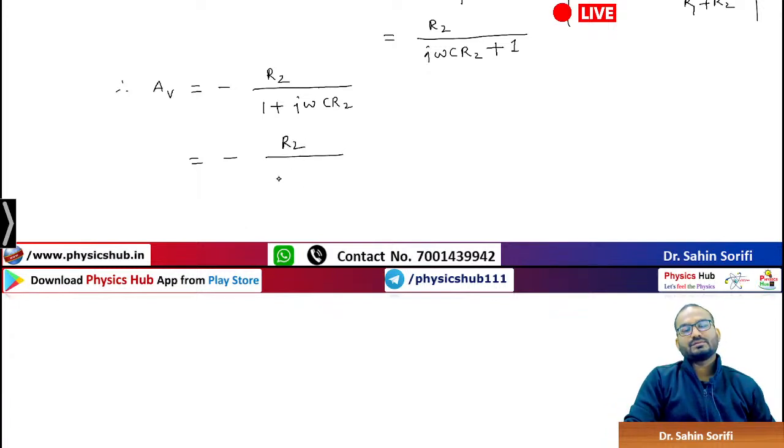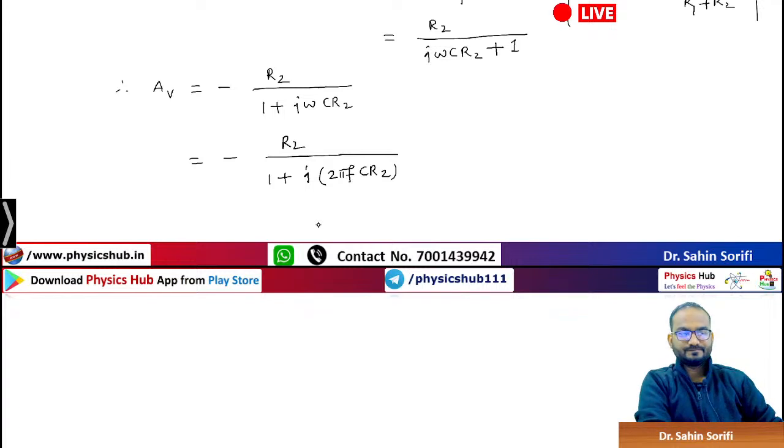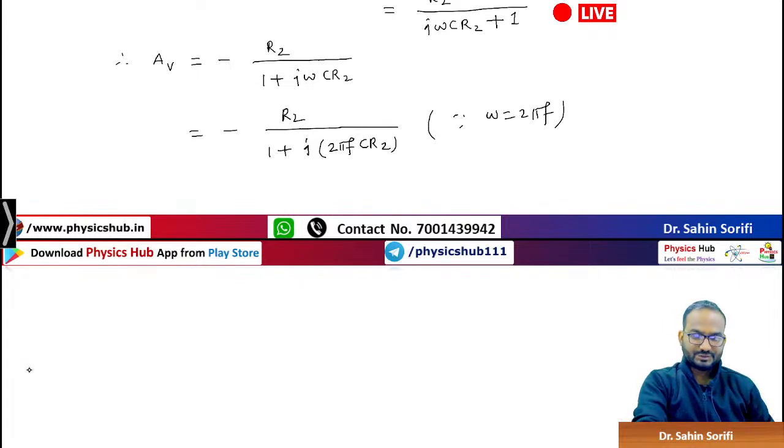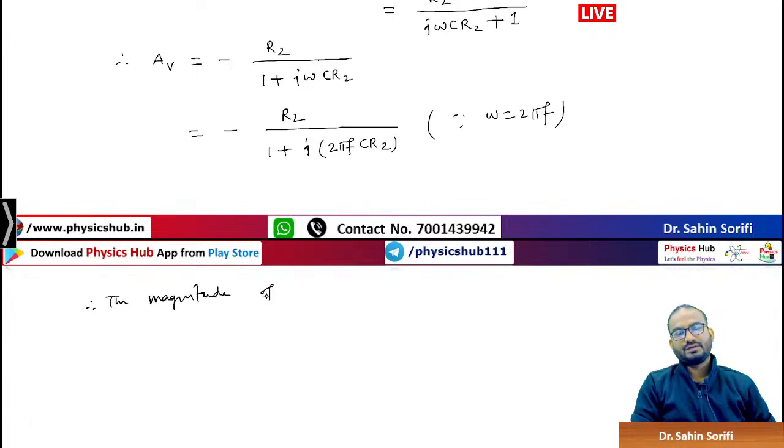So R2 by 1 plus j into omega, which is 2 pi f, and this C R2 will remain. Right? So what will be the magnitude? If we have this complex quantity, what is the magnitude? Magnitude of AV means the negative sign is absorbed.